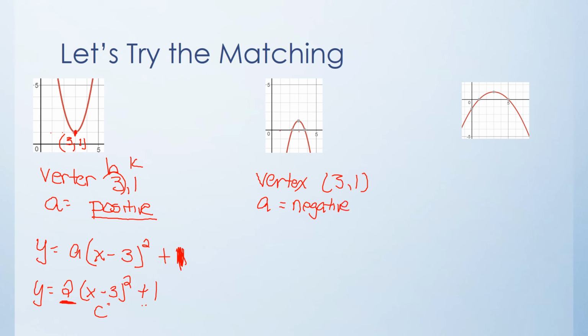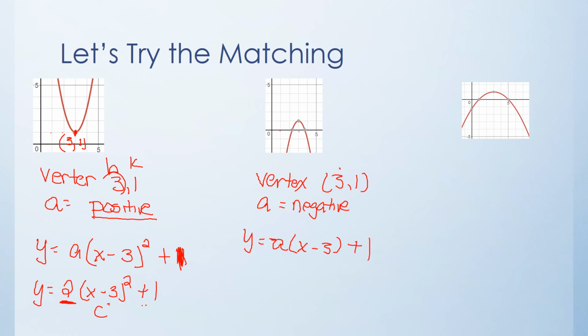And A, again, is going to be greater than 1 or greater, because it looks either skinny or normal. Okay? So then I know my equation is going to be A, where A is some negative number. So let's say negative A. This time it would be x, it's still x minus 3, because we take the opposite of this one, plus 1.